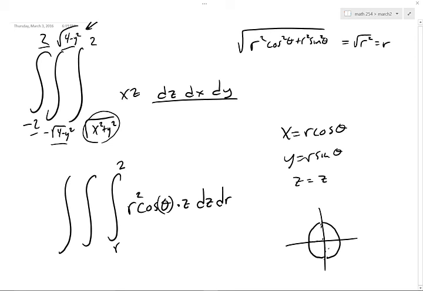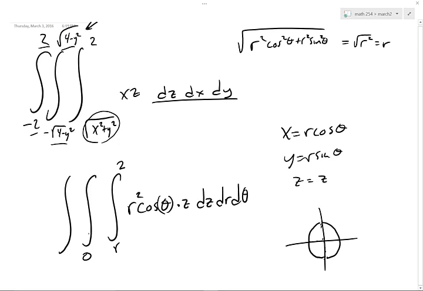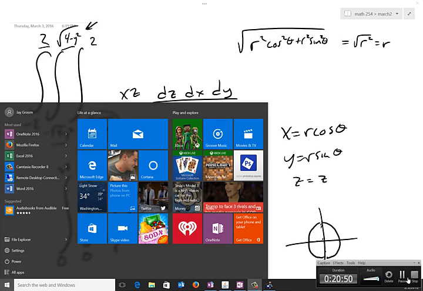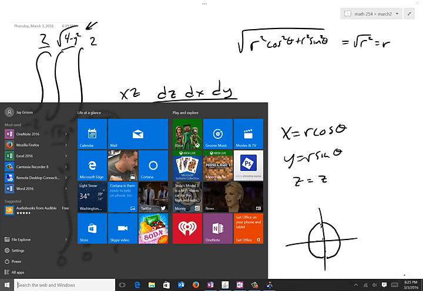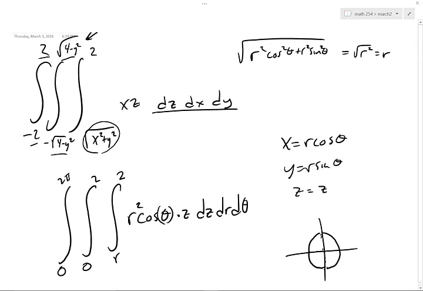You can do it any way you want to, but that's a radius of 2 with a theta from 0 to 2 pi, and 0 to 2 for the radius. So it's a circle down here with the radius of that, so we're ready to take the integral.